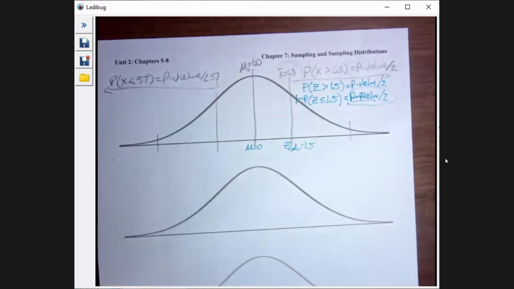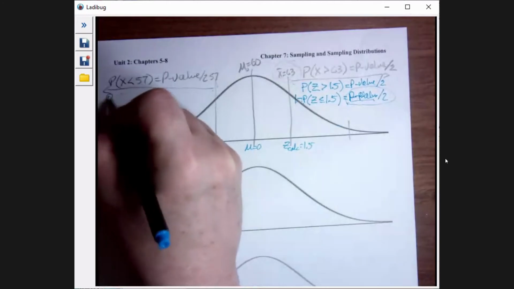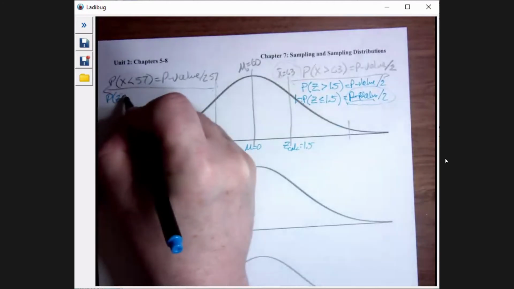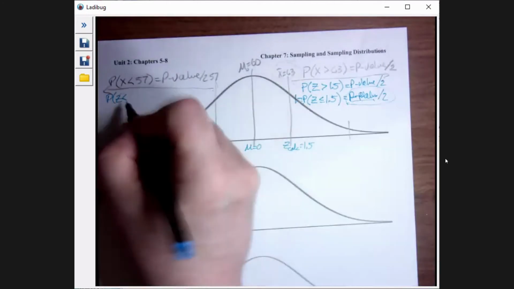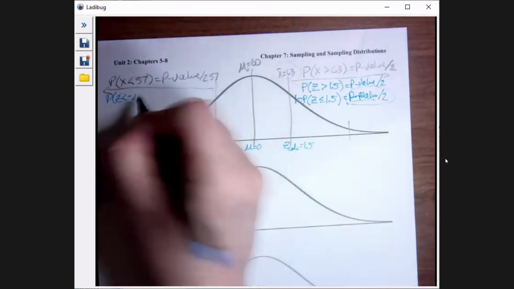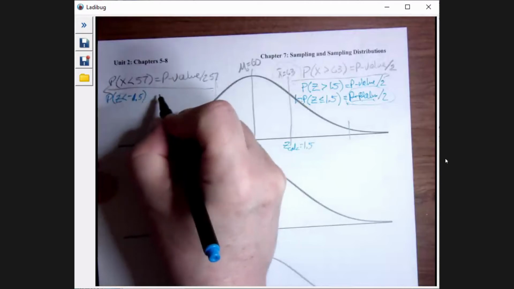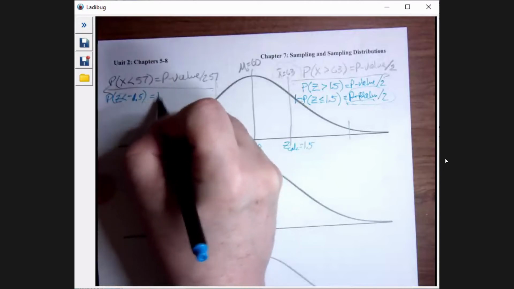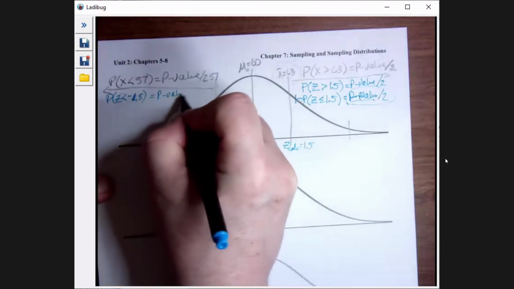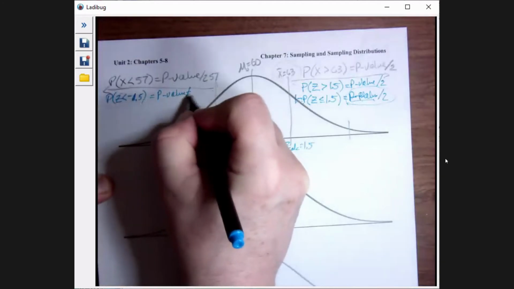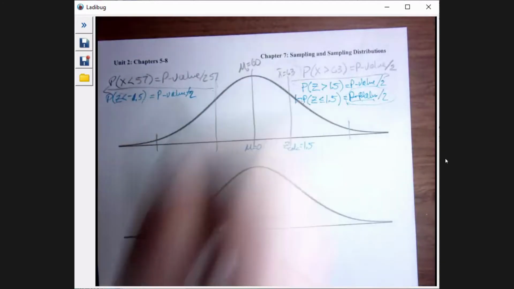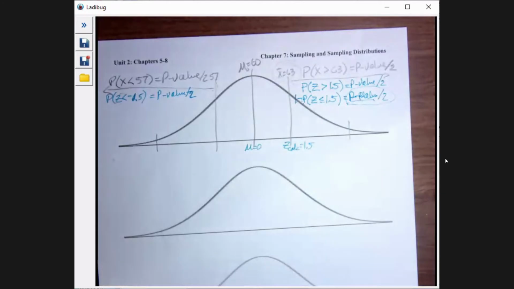In standard normal terms, that means the probability of getting a z-value less than, in this case, negative 1.5 is equal to my p-value over 2. So I need to take a complement in this case?